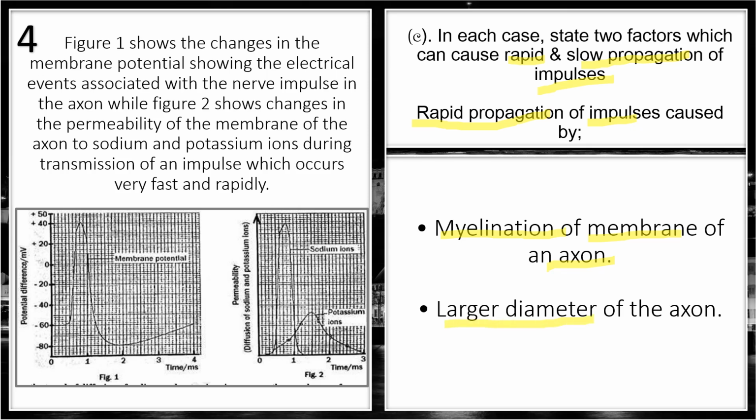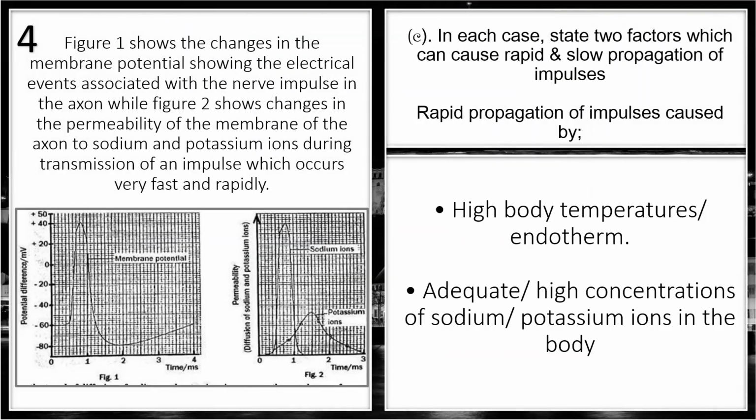A large diameter of the axon also increases the rapid propagation of impulses. High body temperature, as in endotherms, will increase the impulse transmission. High concentration of sodium and potassium ions in the body can cause rapid propagation of impulses.